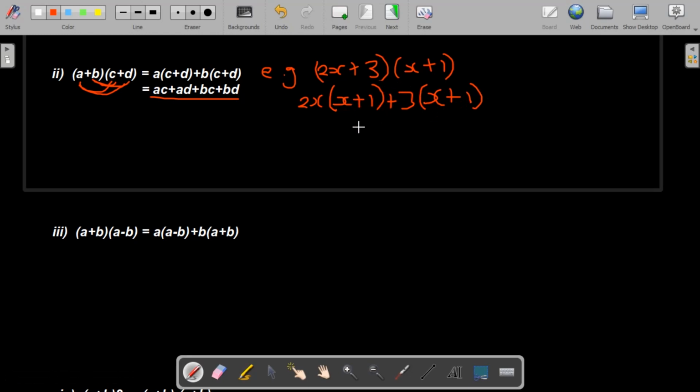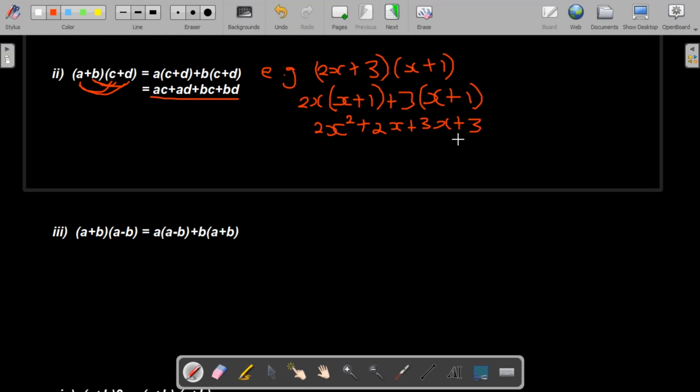Then when you have got something like that, this is where you now multiply: 2x multiplied by x is 2x squared, and then plus 2x multiplied by 1, it is 2x, and then plus, because of the addition everywhere, 3 multiplied by x, it is 3x, plus 3 multiplied by 1, it gives us 3.